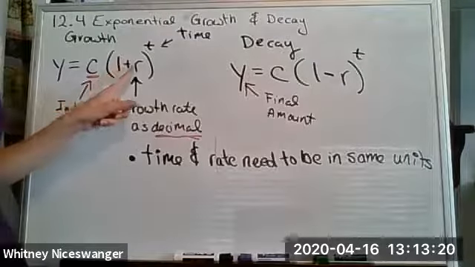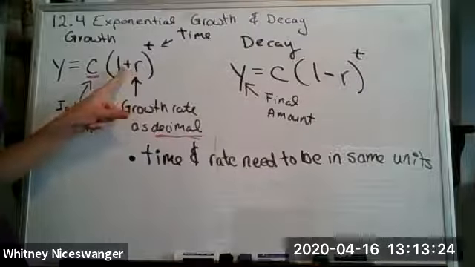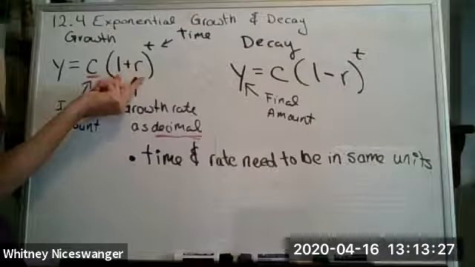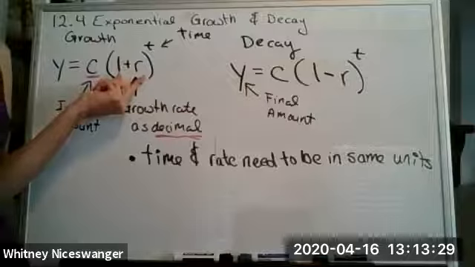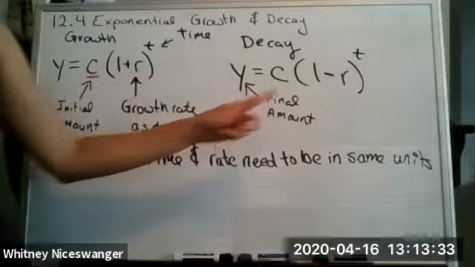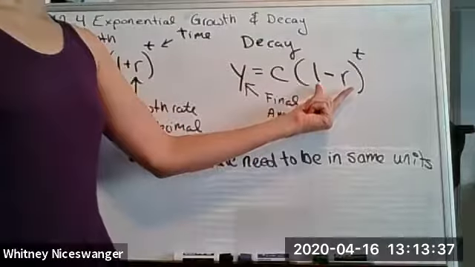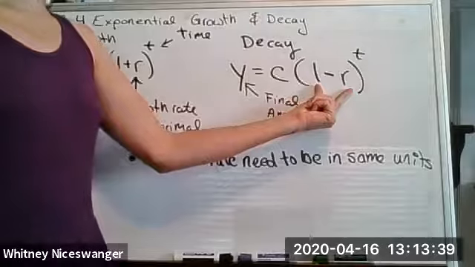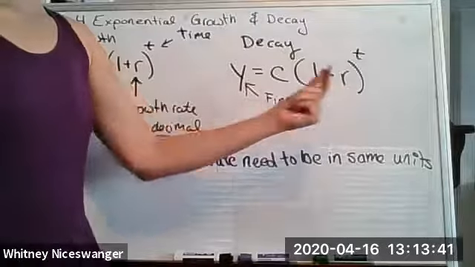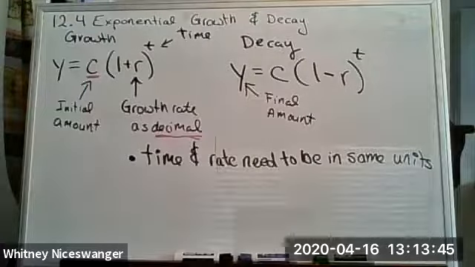Then 1 plus 10% as a decimal is 1 plus 0.1. So this number is bigger than 1, so we've got a base just bigger than 1, raised to an exponent, that's going to grow. Over here, 1 minus some decimal, that's a number between 1 and 0, so that's going to decay. All right, so those are the two formulas for exponential growth and exponential decay.